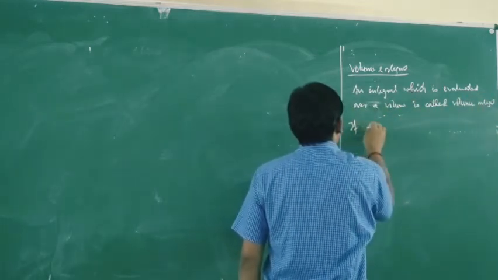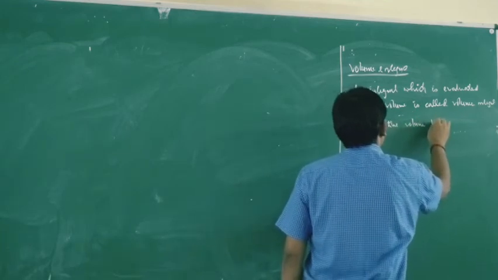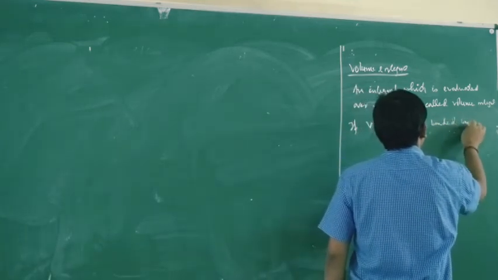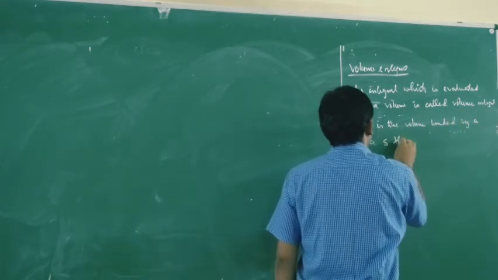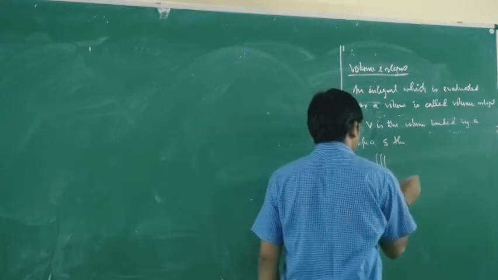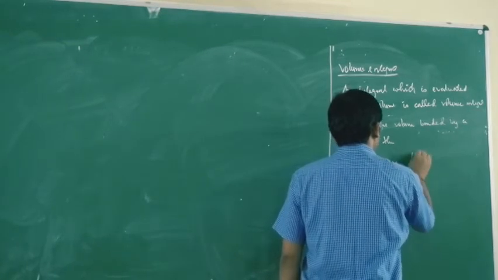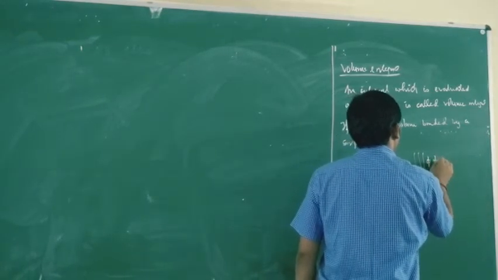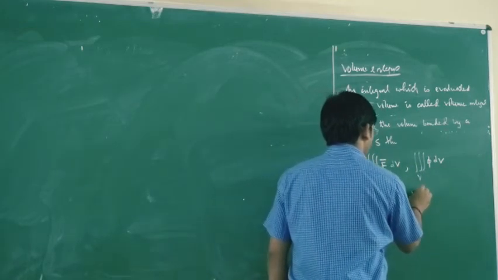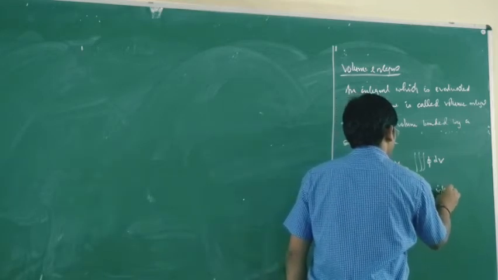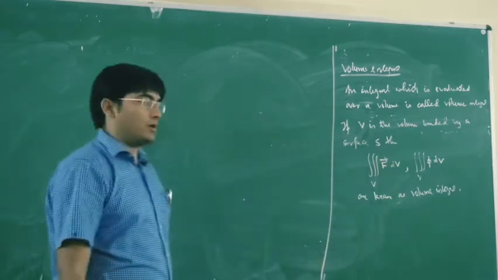Now if, say, V is the volume bounded by a surface S, then this triple integral over V of f dv, or this triple integral of phi dv, are known as volume integrals. Here your f is the vector point function and your phi is the scalar point function.